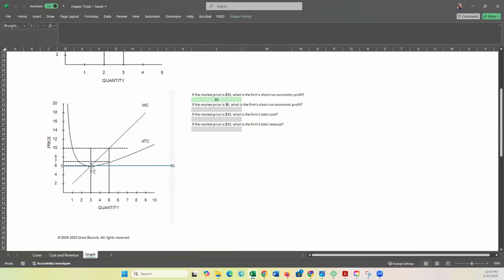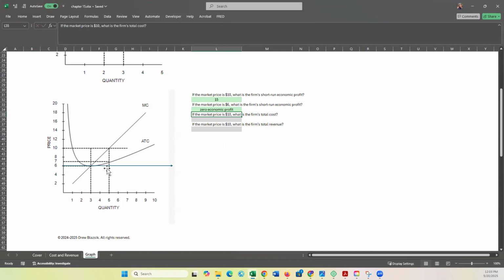That's right where it intersects with average total cost. So this would be a 0 economic profit, or I could have said $0. If it's at $6, that means we're making no money right there.